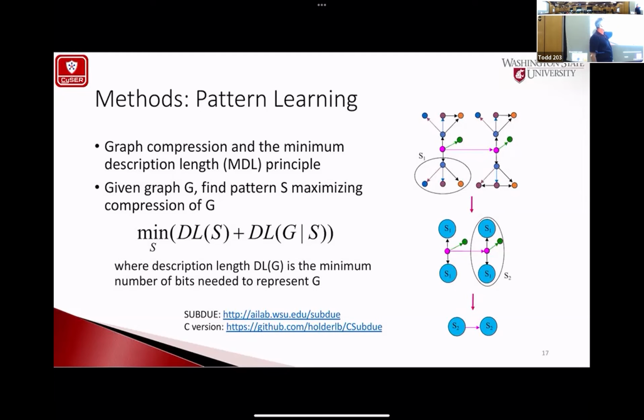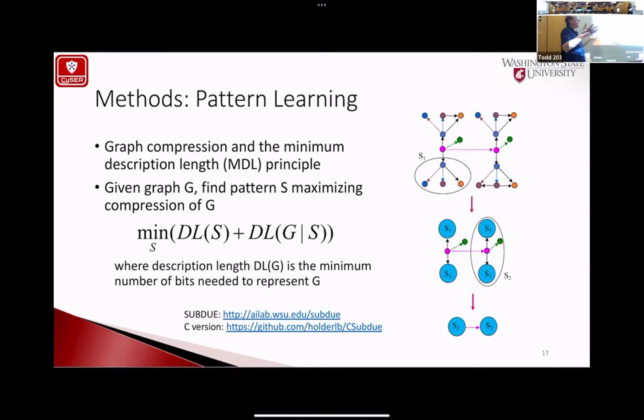But the graph compressed with the triangle has a description length a little higher than the graph compressed with the triangle plus the edge. So we search through the space of possible patterns and evaluate them based on this description length idea. Whichever one minimizes the sum, that's the pattern we're interested in.